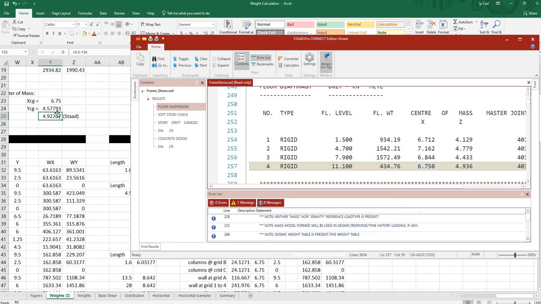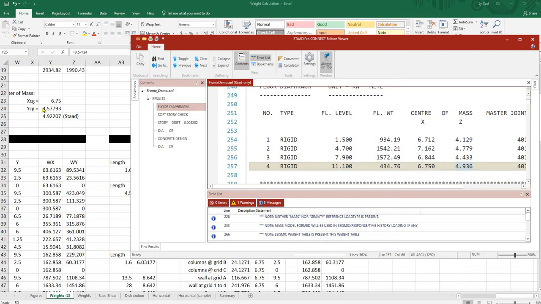Take note na kay STAAD, yung direction ng y niya would be vertical. Okay, so dito naman sa ating sample, yung y coordinate niya is the yan. So 4.922. So almost similar sila. Okay?